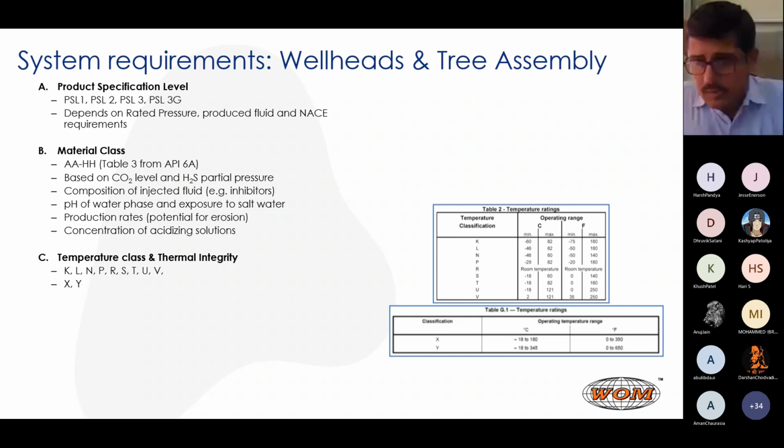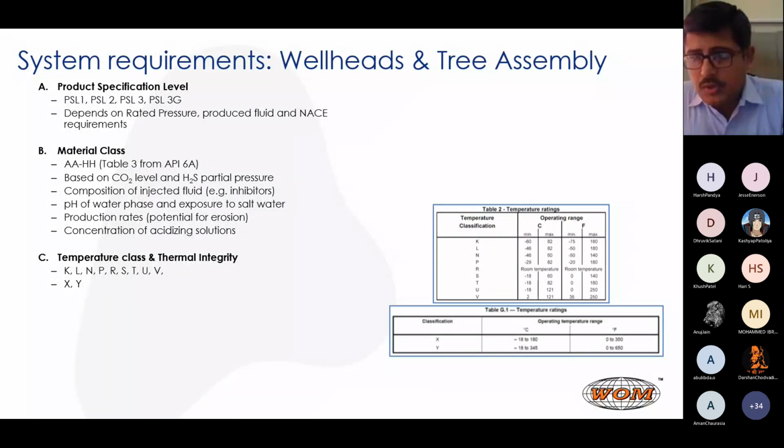So what does it mean? Minus 60 is the outside weather or atmospheric temperature, whereas the max defines the internal produced temperature, which for K is 82 degrees centigrade. So there is a mix of this also. My component can be between K to V.